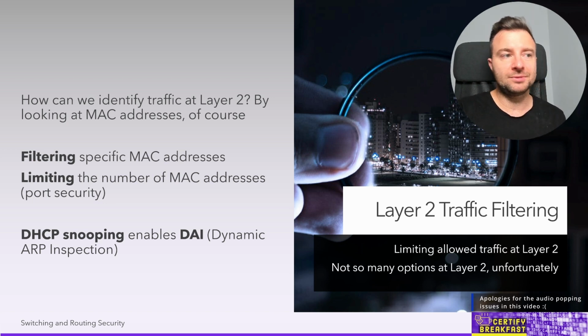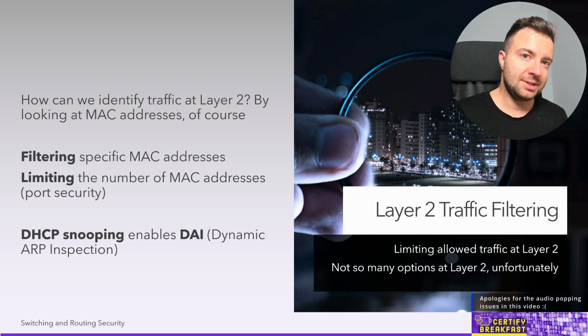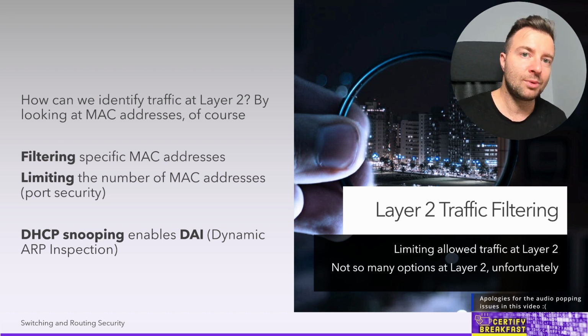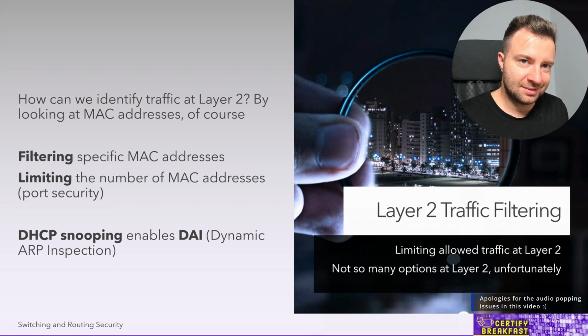And this combination of DHCP snooping with DAI, dynamic ARP inspection, ensures that an ARP spoofing man-in-the-middle attack suddenly stops being possible within our network segment. And we don't need any additional devices for this. This is just functionality built into many, not all, of course, layer 2 switches nowadays.